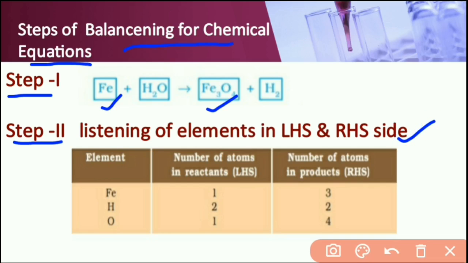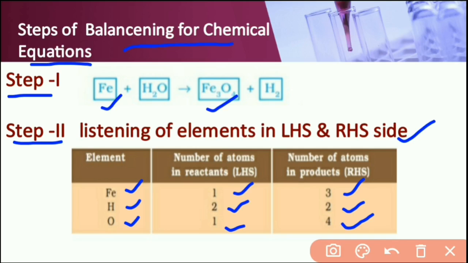First make a list of the elements present in the chemical equation, then count the number of atoms on both sides. Here iron, hydrogen and oxygen elements are present. The number of atoms on the reactant side: iron is 1, on the RHS side 3; hydrogen is 2, on the RHS side also 2; and oxygen on the LHS is 1, on the RHS side oxygen is 4.